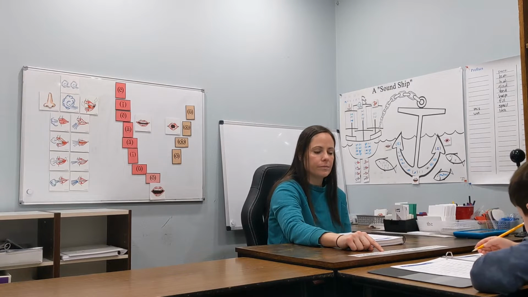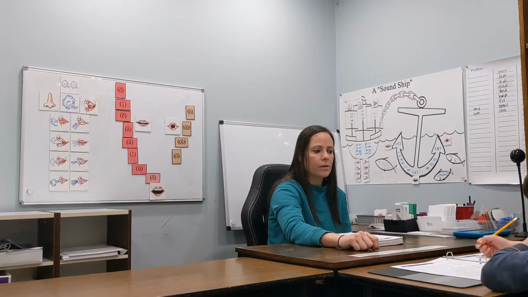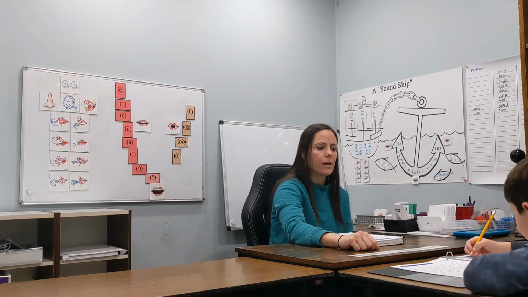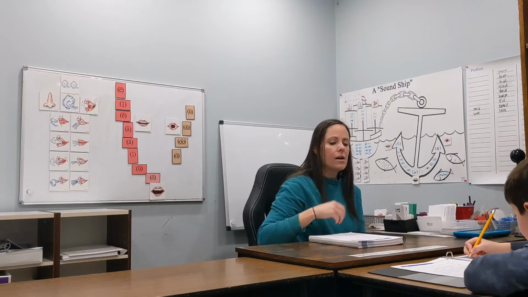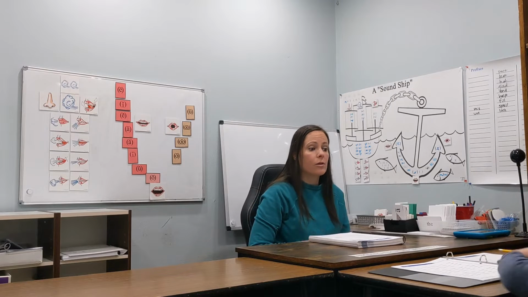J. No. Alright, after J. K. No. Alright, L. Good. So that means the last one with the R must be 5. Very good. So you just put those words in alphabetical order.